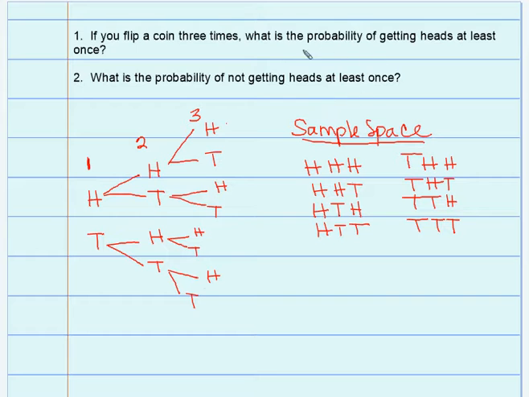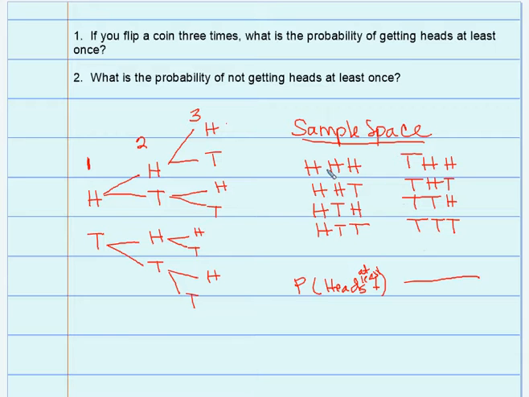Now, what is the probability of getting heads at least once? Remember, the denominator is all of the possible outcomes.